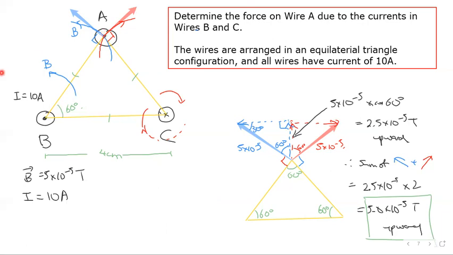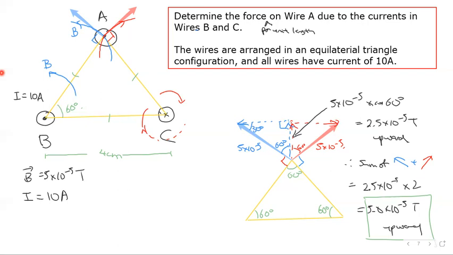Now, interestingly enough, we don't actually know the length of these, so we can't really work out the force. This must mean force per unit length. Unless I know the length of A, which we don't, this really means force per unit length.